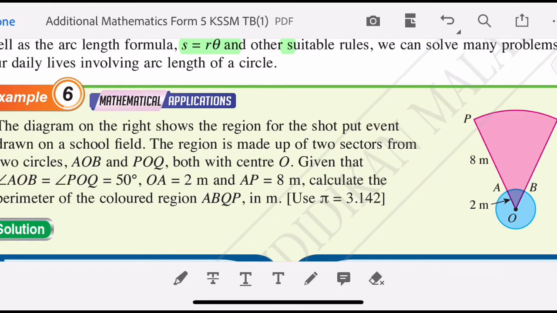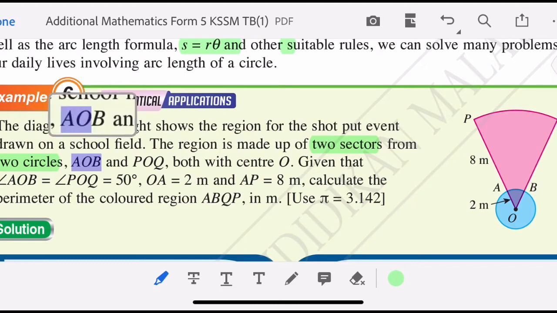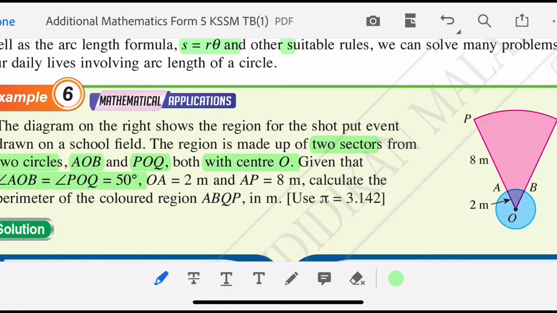You see the diagram on the right shows the region of the shot put event drawn on a school field. The region is made up of 2 sectors. We will highlight the important keywords: 2 sectors from 2 circles, AOB and POQ, with center O. Given angle AOB and angle POQ is 50 degrees, OA is 2 meter, AP is 8 meter.